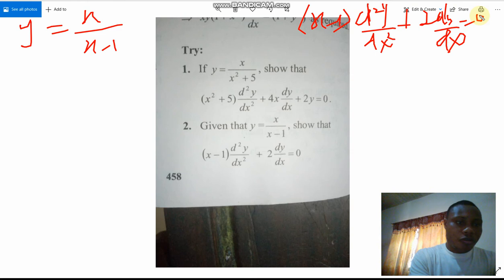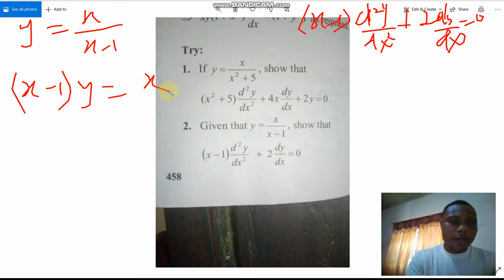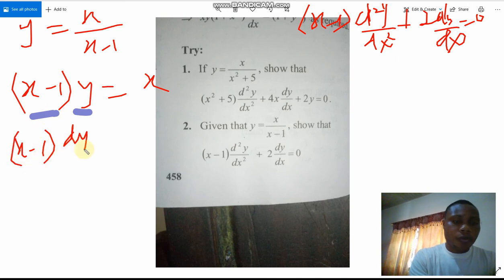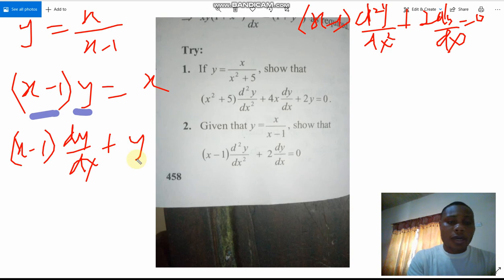So if you multiply through, you get (x minus 1) multiplying y is equal to x. The same thing, product. So I'll maintain x minus 1, differentiate y, dy/dx, plus I maintain y, differentiate this one, I'll get 1, is equal to, when I differentiate x, I'll get 1. Okay, then I'll differentiate again, second derivative.